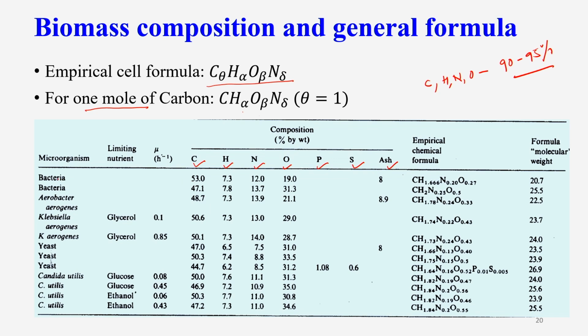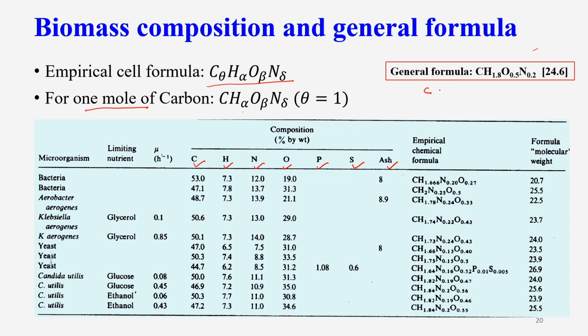As different microorganisms have different composition, their empirical formula is slightly different. So, for generalization, if we see the general equation for biomass, we can consider this typical formula, it says C H 1.8, O 0.5 and N 0.2.